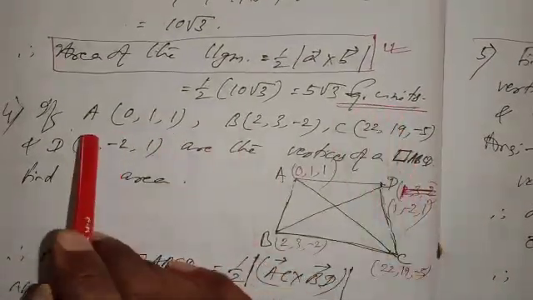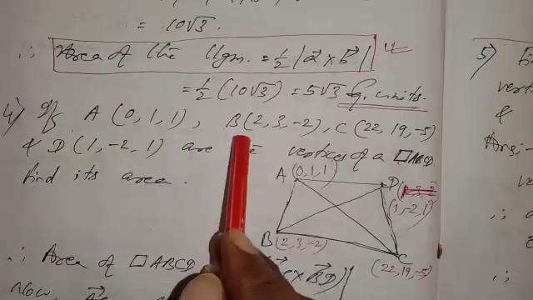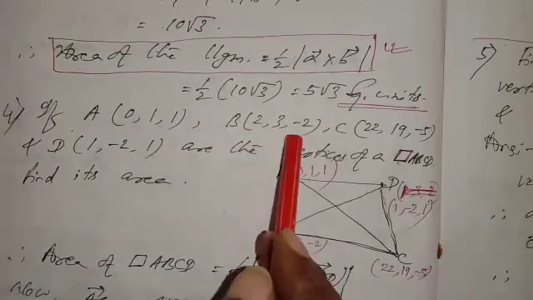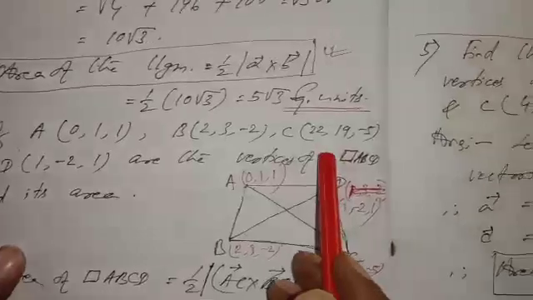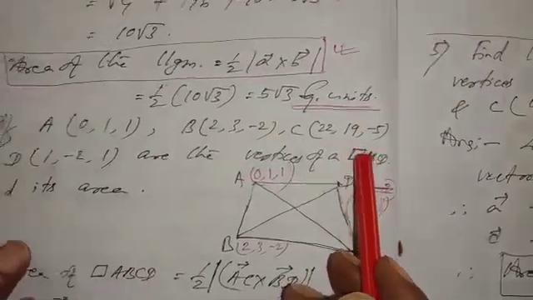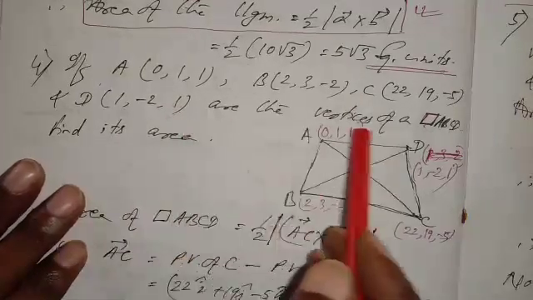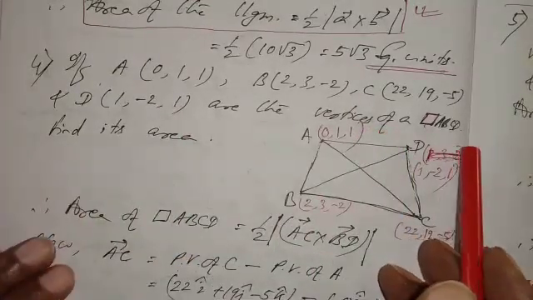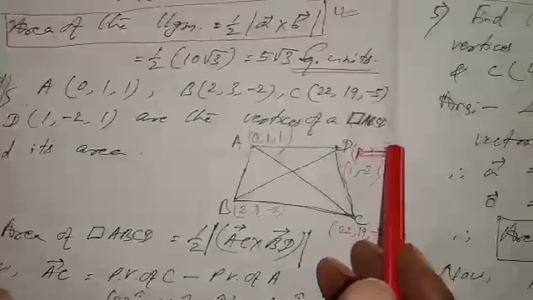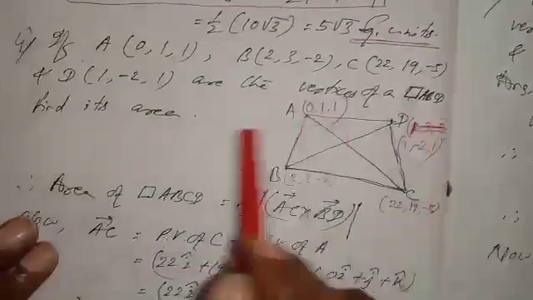Let us go to question number 4. If A, the position vector, is 0, 1, 1, B is 2, 3, minus 2, C is 22, 19, minus 5, and D is 1, minus 2, 1, and these are the vertices of a quadrilateral ABCD, find its area.